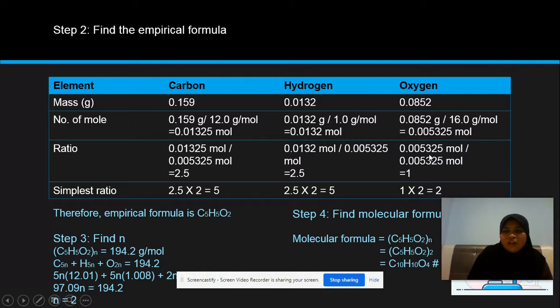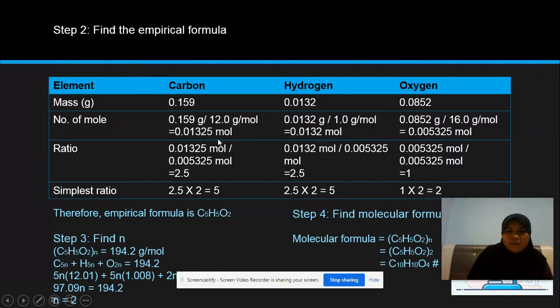We take each value and divide with the smallest number of mole, which is 0.005325 mole. So we get the ratio for oxygen is 1.